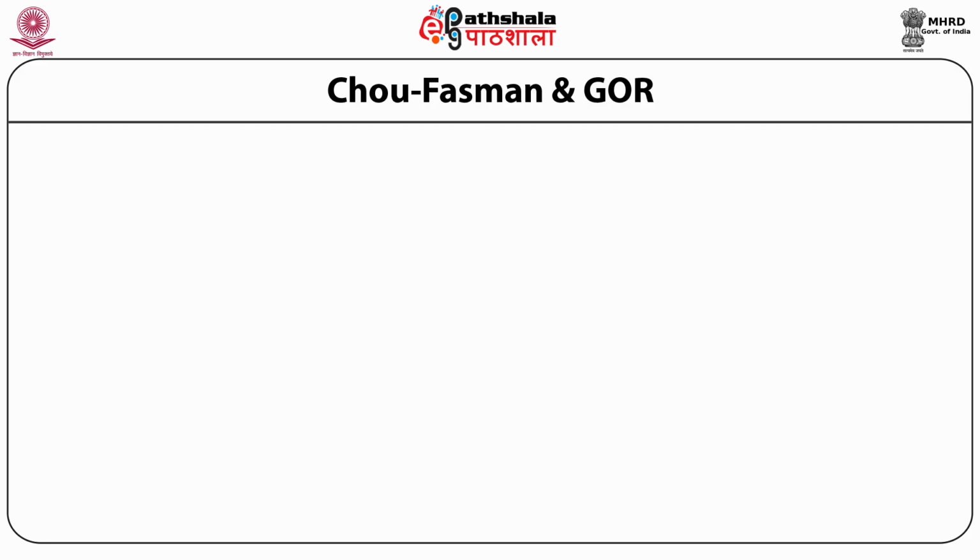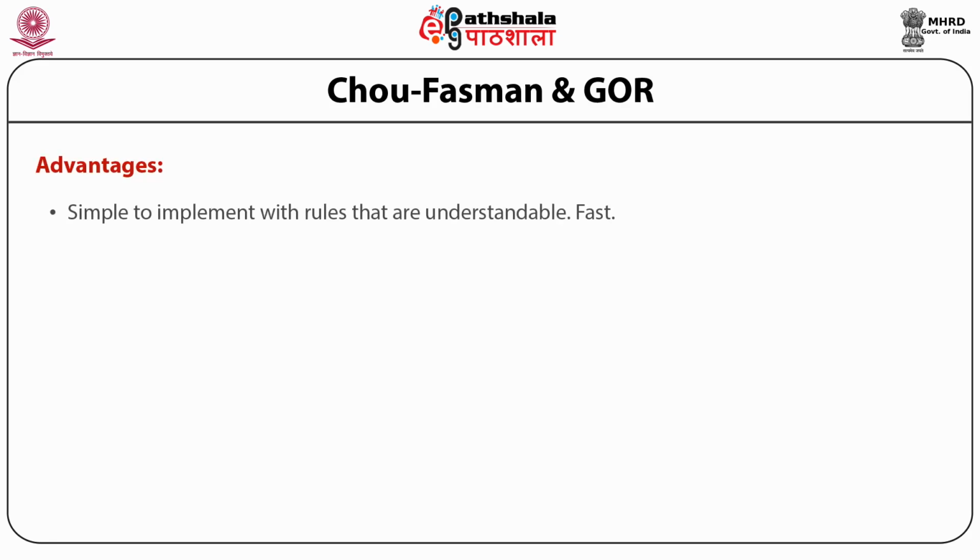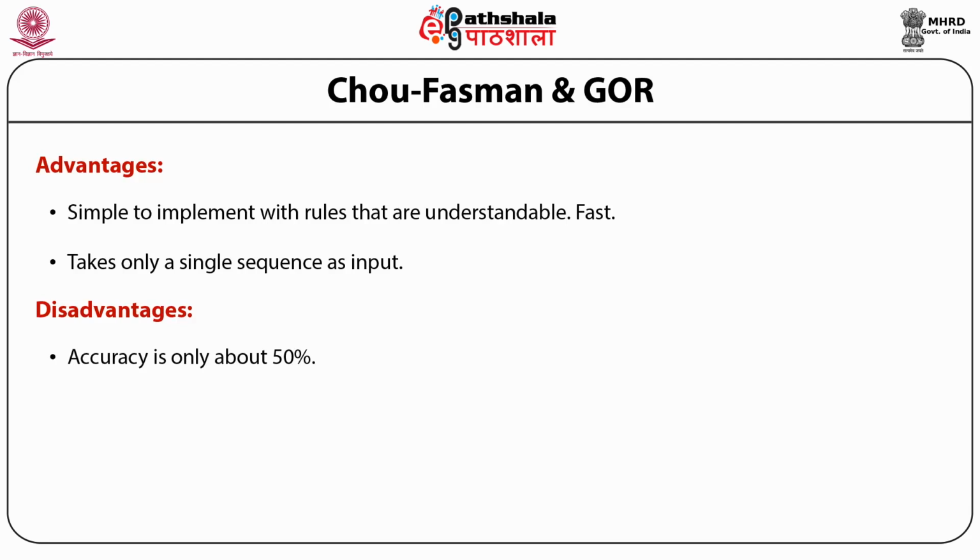So if we take Chou-Fasman and the GOR method, the advantages are that they are very simple to implement, with rules that are fairly understandable and make sense, and it just takes a single sequence as the input and you just run it through. But the disadvantage is that at the end of the day, it's not very accurate.